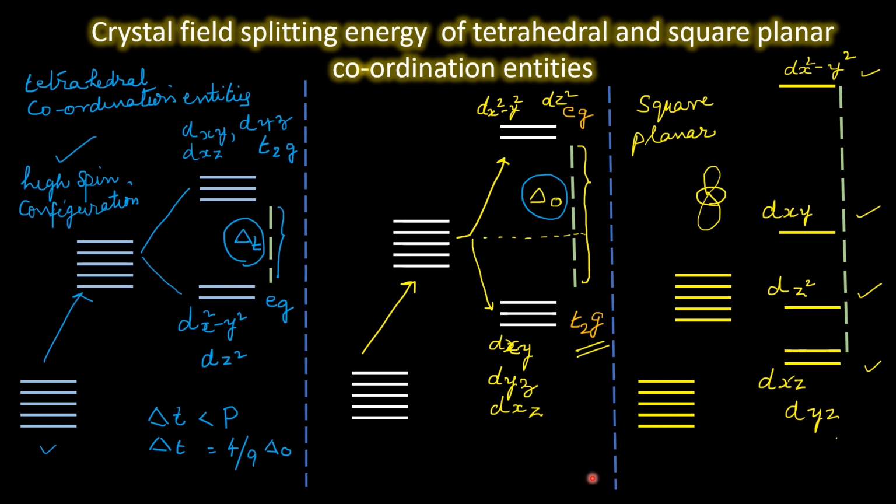In this case, you can notice that the crystal field splitting energy for square planar compounds, represented as delta S, is much greater than the crystal field splitting for octahedral complexes, that is delta O. I will mark delta S here. You may complete the energy diagram for square planar.